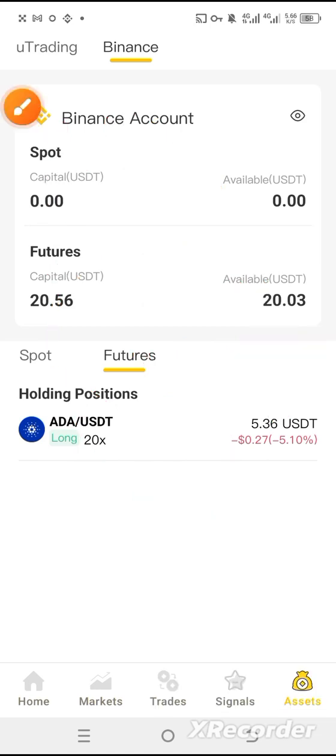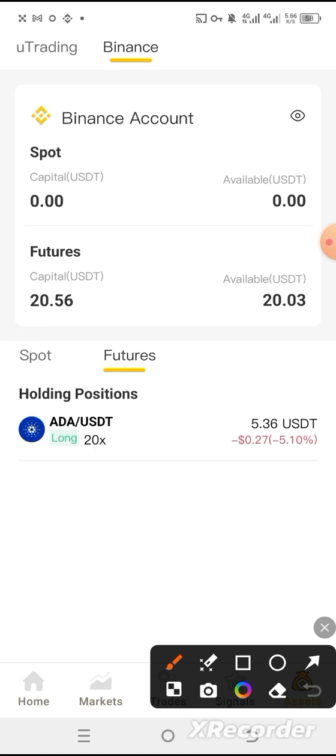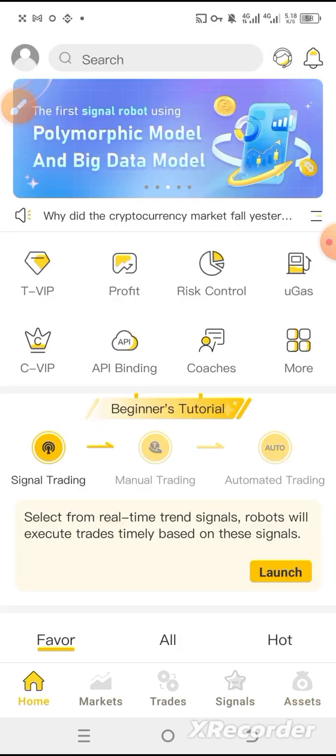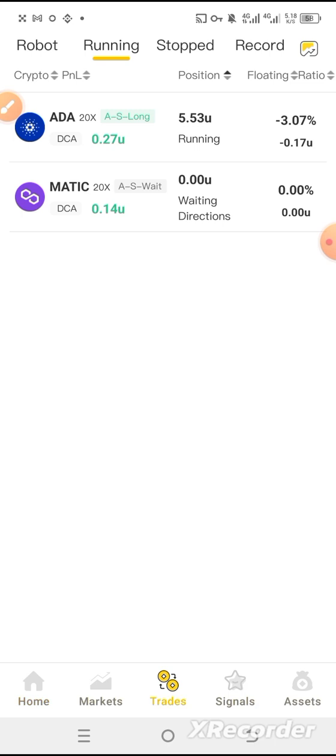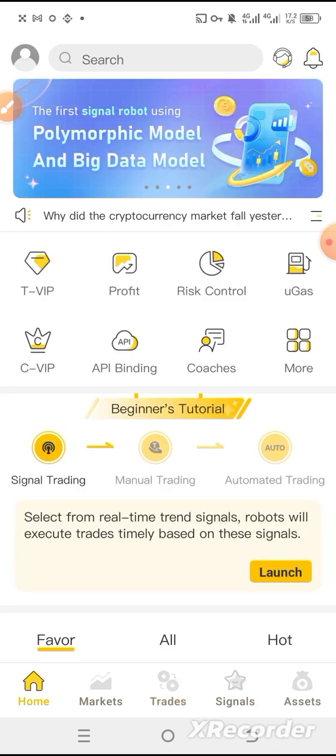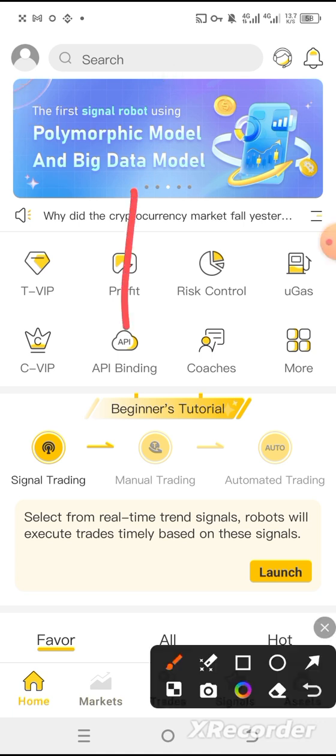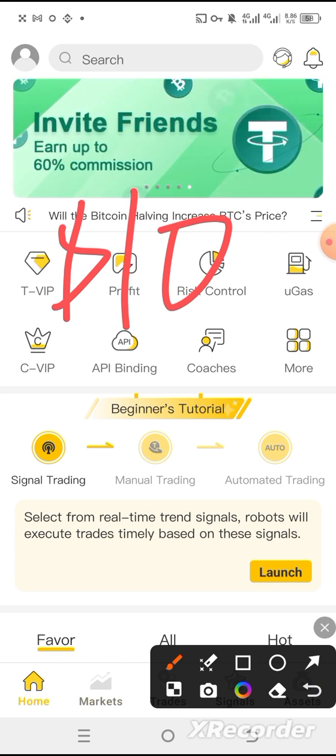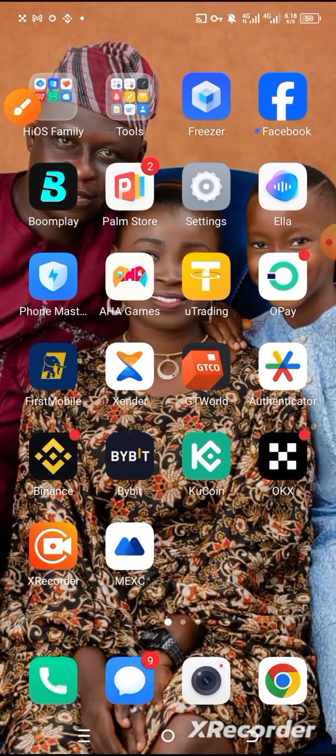Then the second thing is, my entire trade is gonna be $10. Okay, my entire trade is gonna be $10. So if I'm choosing 5x, that simply means I have to divide.